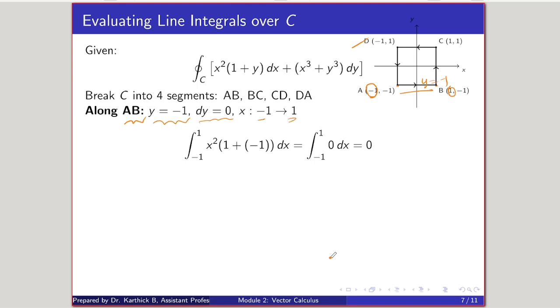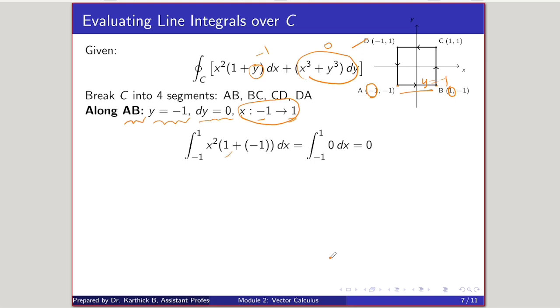With this, I want to substitute these values. This will be the limit of x. If I substitute dy equal to 0, this whole term becomes 0. And y equal to minus 1, so on the next part, minus 1 plus 1 becomes 0. So this whole thing becomes 0.